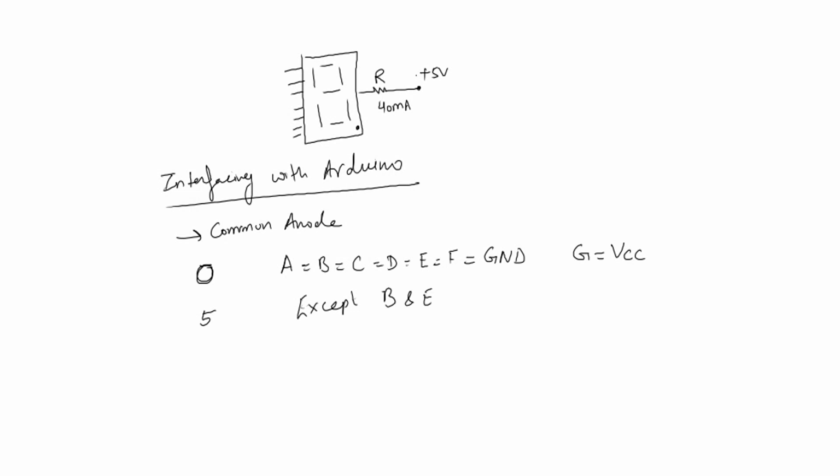All will be connected to ground except B and E, right? And if you are using common cathode configuration, this will be completely opposite. Is that clear to all of you? Right? So this is how we can interface the LED.